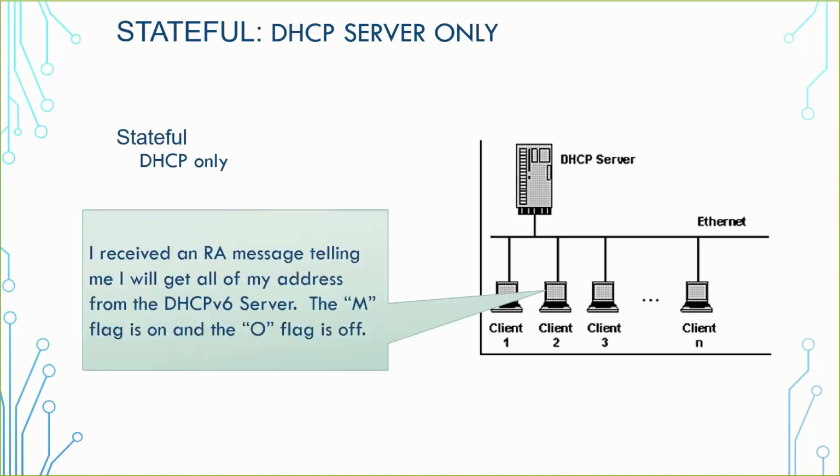Okay, so in this scenario, the client receives the advertisement telling it, oh, I'm going to get all of my address information from the DHCP server. So this is the time when the M flag is on, because when the M flag is on, that means that the DHCP server is managing address assignment.